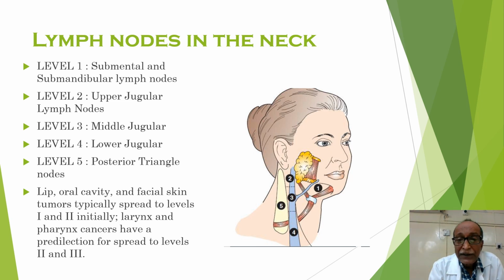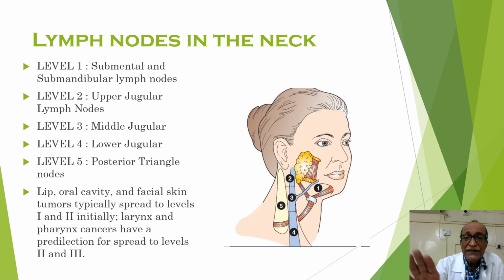The other important thing to know is that the lymph nodes are located in a serial fashion, and the location of the lymph nodes is dependent upon which is the primary area. The major areas are submental, submandibular, upper jugulodigastric, middle jugulodigastric, lower jugulodigastric, and posterior triangular nodes.